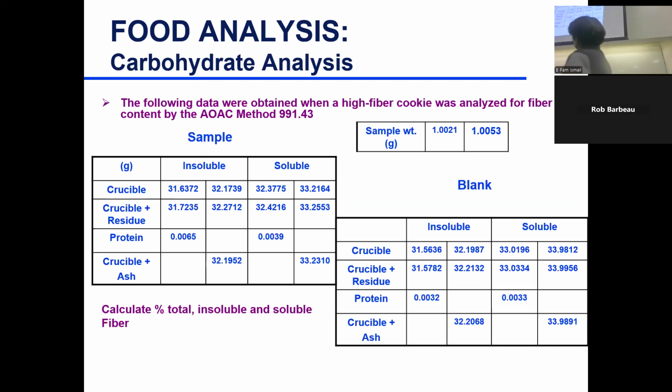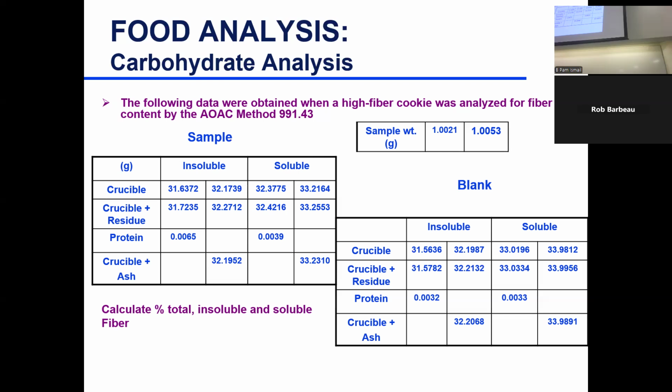So what is given to you is you can get the weight of the sample by getting the weight of the crucibles. So the weight of the sample is here. And then you use specific crucibles for measuring dietary fiber. So you have the weight of the crucible, MC, and then you have the weight of the crucible plus the insoluble fiber, and the weights of the crucible plus the soluble fiber.